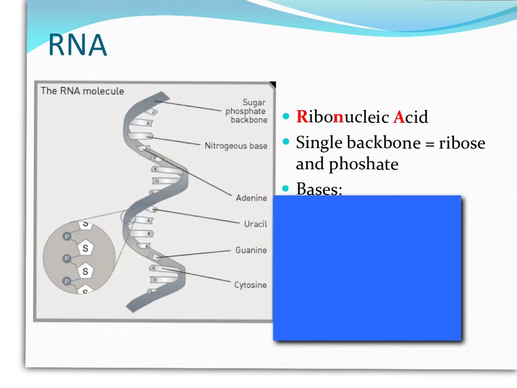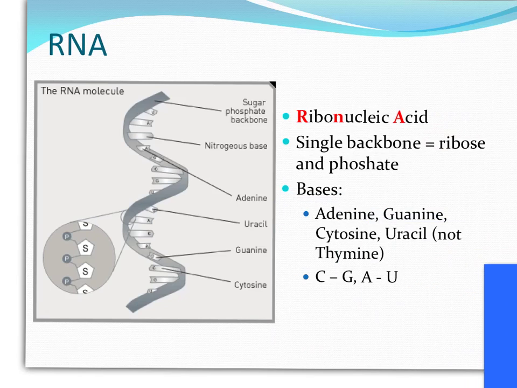And in addition to DNA, there's also RNA, which stands for ribonucleic acid, because just like DNA, it's made of sugar, which is called ribose instead of deoxyribose, and then the phosphate backbone, so phosphate and ribose. It has pretty much the same bases with a couple little changes: adenine and guanine and cytosine, just like DNA does, but instead of thymine, it has a base called uracil.